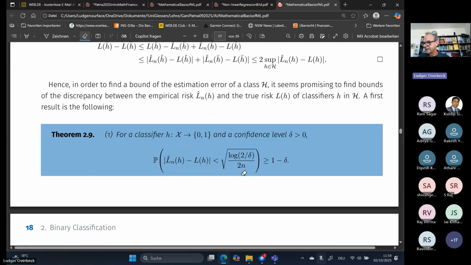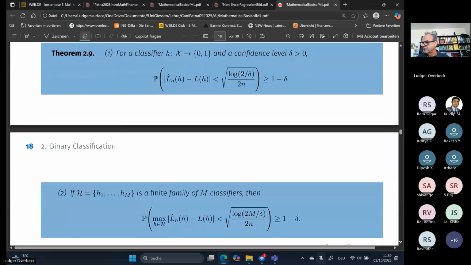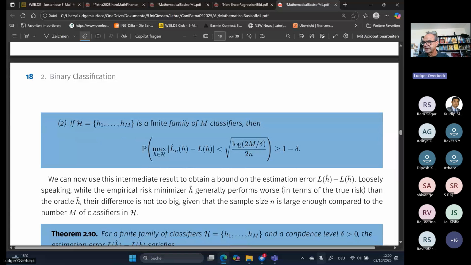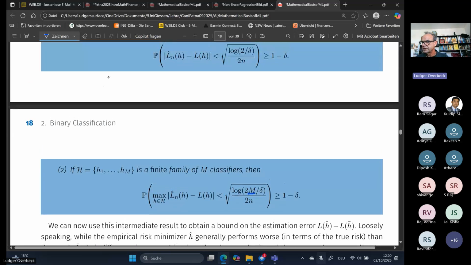We have n, the number of data, and delta. This would show for every single classifier. If we have then finite, we have to put here in n. As I said before, that's based on our concentration inequalities.